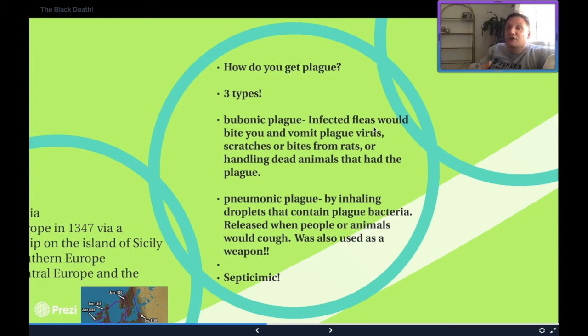So now you're talking about traders and merchants being the occupation that is most to blame for the spread of the plague. And especially for the bubonic plague, you could sometimes get it from handling dead animals. You could sometimes get it from a rat scratching or biting you, but that was pretty rare.